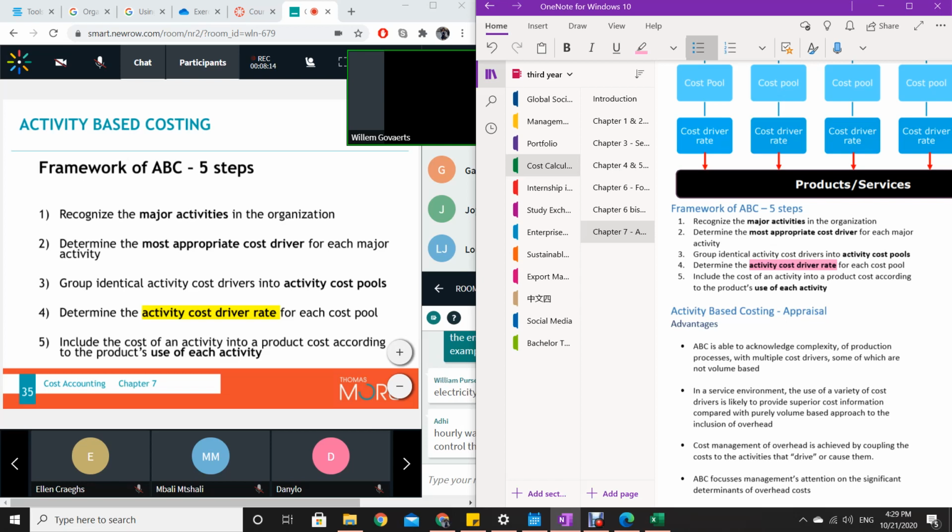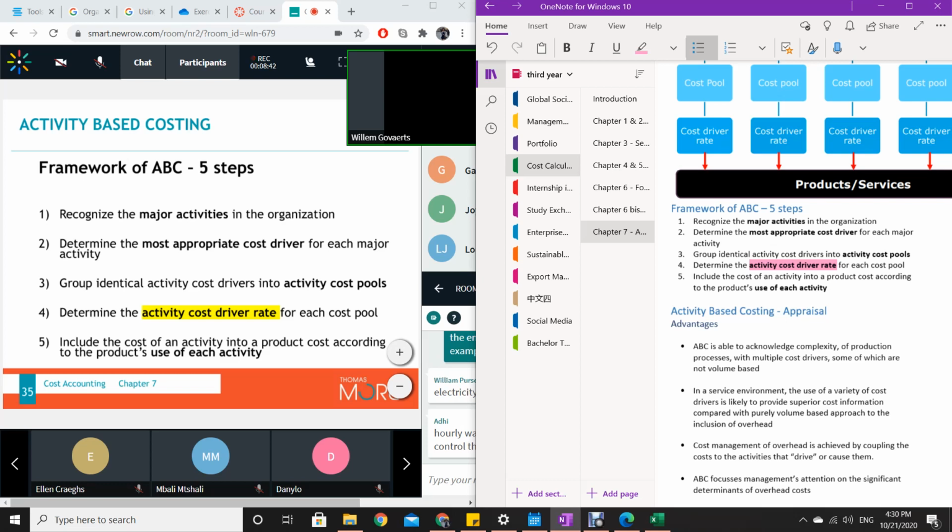What we're going to do afterwards, as an intermediate step, is put all these identical activity cost drivers into activity cost pools, because we can bring this together. And then the next step is to make the ratio, an activity cost driver rate, to bring the overall cost into your product, according to the use of each activity.